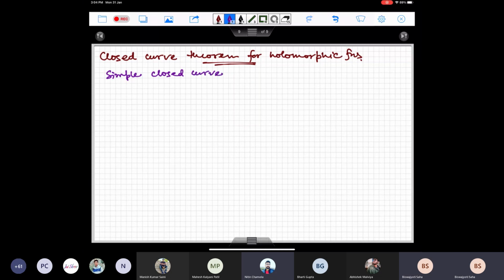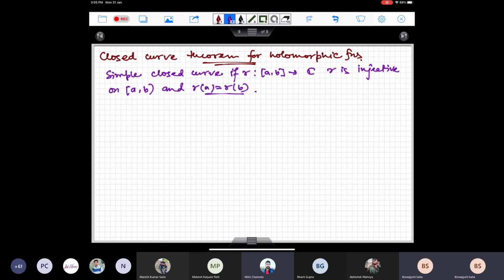So that means by definition we have taken them to be piecewise smooth. Suppose I have a curve gamma from [A, B] to C. This one is going to be piecewise smooth, and gamma is one-one, or injective, on closed A, open B, and gamma of A equals gamma of B. So simple closed curve means it's injective, except at the endpoints, where it's equal, and everywhere else they are not equal.